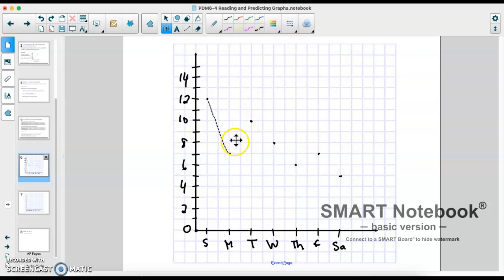So that's Sunday to Monday, Monday to Tuesday, Tuesday to Wednesday, Wednesday to Thursday, Thursday to Friday, and Friday to Saturday. You can look at this bit of data and start making some judgments about the overall trend.